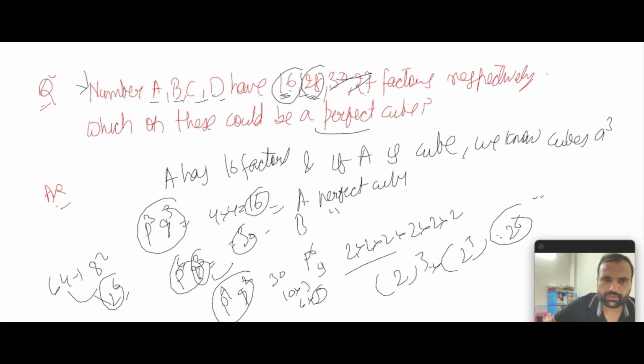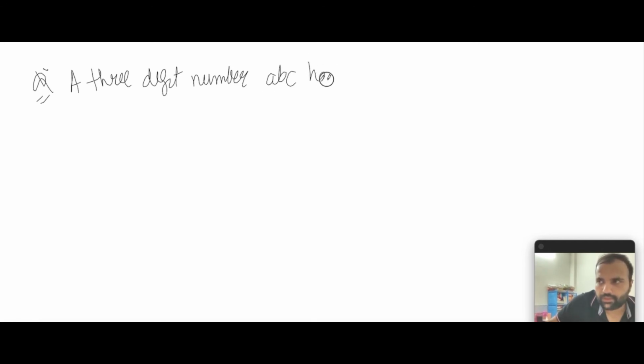Now we'll do one more question, a very standard question. A 3-digit number ABC has 3 factors.